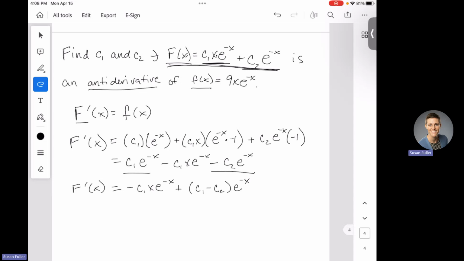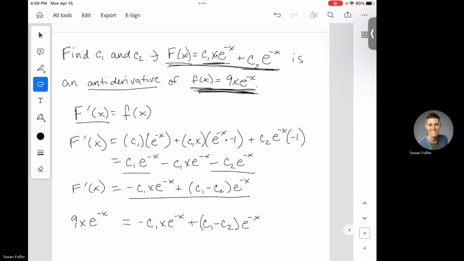And I know that this F prime has to be equal to little f in order for it to be an antiderivative. So I know that 9 times x times e to the negative x has to be equal to negative C1 x e to the negative x plus C1 minus C2 times e to the negative x.